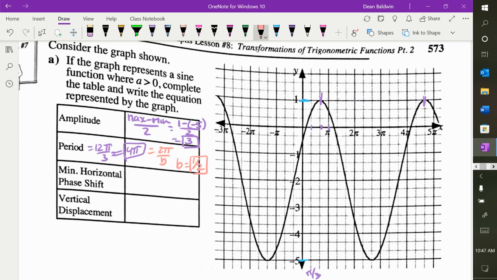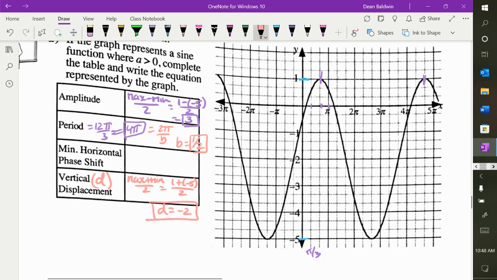So your b is 1/2. So we got b. You get a mark for amplitude. You get a mark for b. You get a mark for vertical displacement. The d value. This is your d value. What's the formula for d? Max plus min over 2. So 1 plus negative 5 over 2 is negative 2. You got another mark.